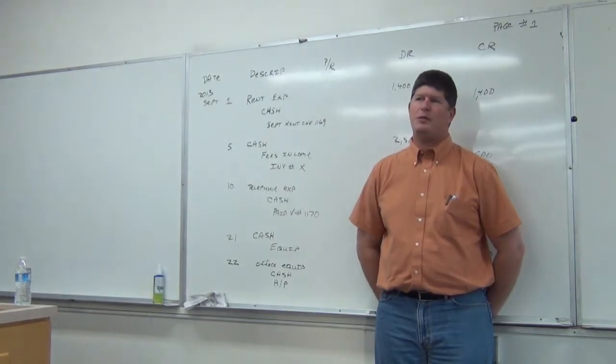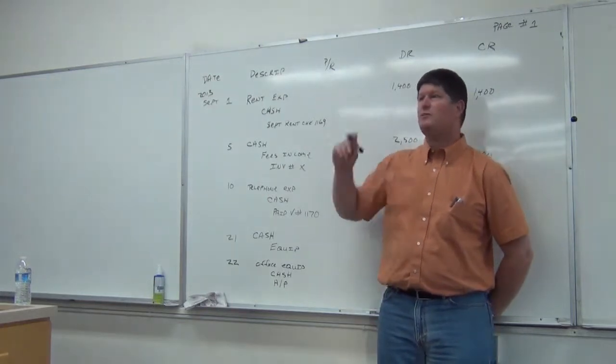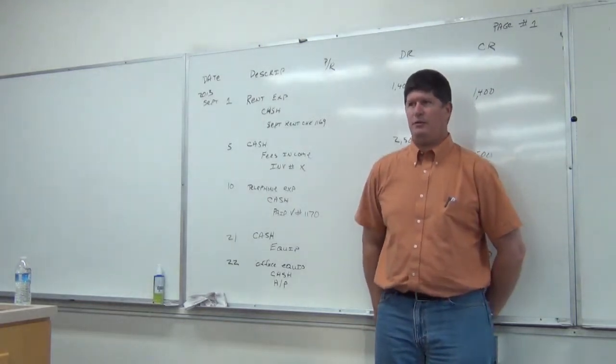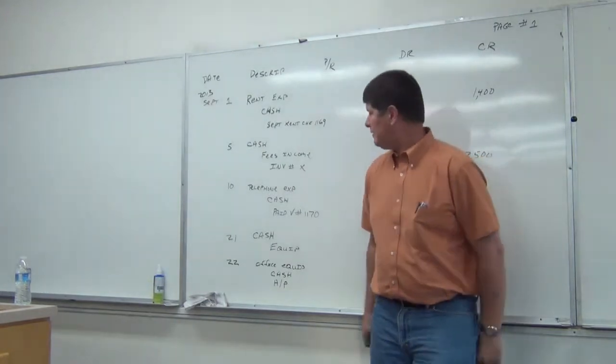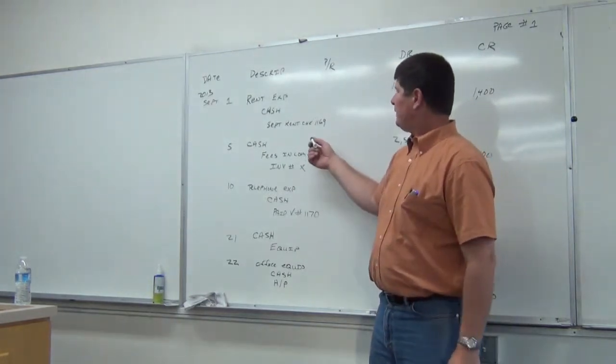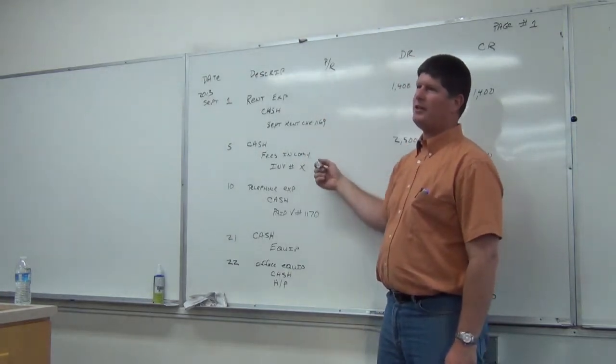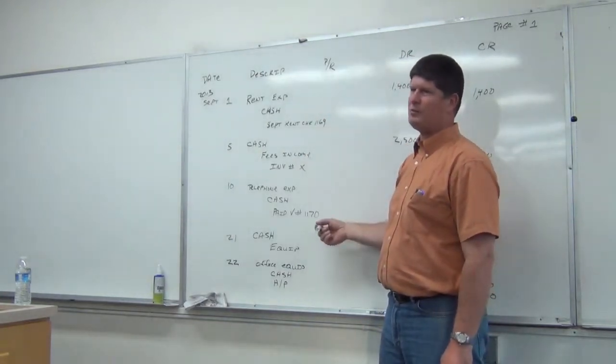I try and teach people that more is better. Because once you get out in the real world and you're doing a lot of these, people all of a sudden start to take shortcuts, left and right. So you'll get normal transactions, debit an expense, credit, debit an expense, credit, debit an expense, credit.